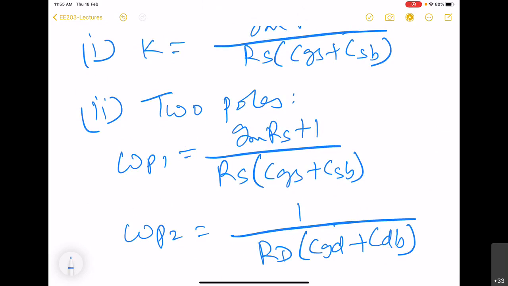So we have one constant term and two poles for the high frequency voltage gain of the common gate amplifier.